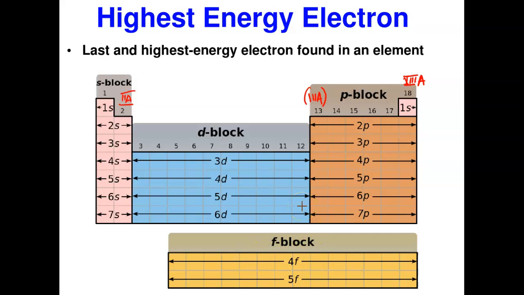So it's important to understand the designation of the highest energy electron as s, p, d, and f. I didn't give you the f earlier because of the complexity of the structure of the orbital. But what it simply means is that the electrons at the highest energy level are found in these orbitals. And that is what we mean by different blocks.